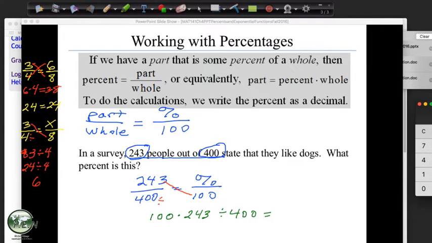What did I do? Oh, 400. Thank you. I go, why did I get back to what I started with, right? Okay, so still got to put the right numbers in. 100 times 243 divided by 400. 60.75, and that is our percentage.